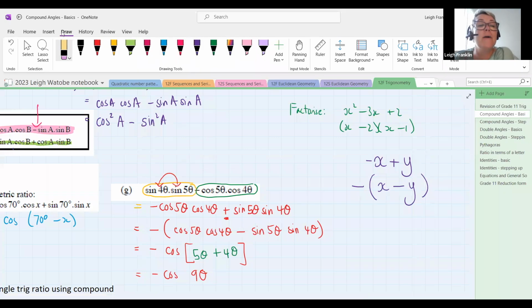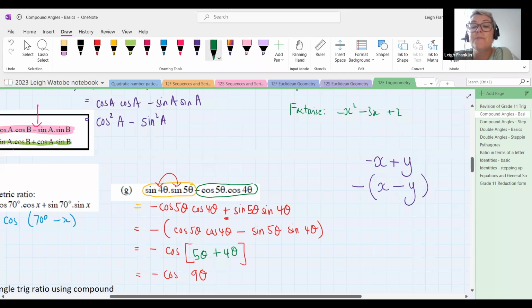So if I changed the signs, and I said factorize this, you cannot factorize it by dividing through by minus 1.